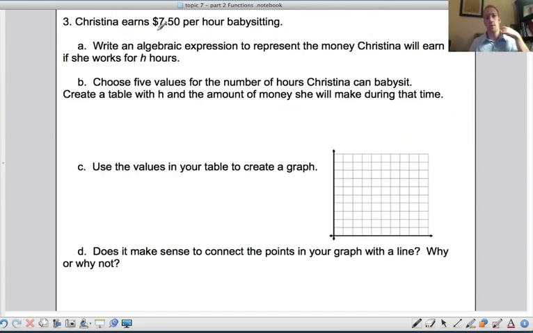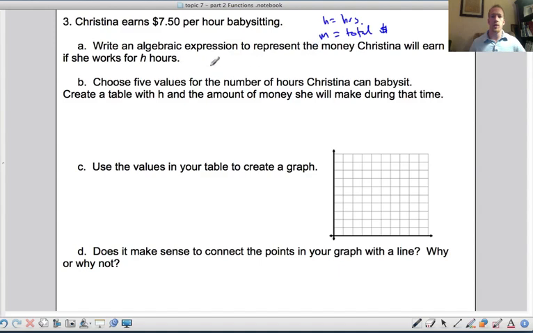All right, so one last example here. Christina earns $7.50 per hour babysitting. Write an algebraic expression to represent the money Christina will earn if she works h hours. So we're saying h equals the hours worked, and we're going to say how much she makes. Let's call that m for make, equals total money made.